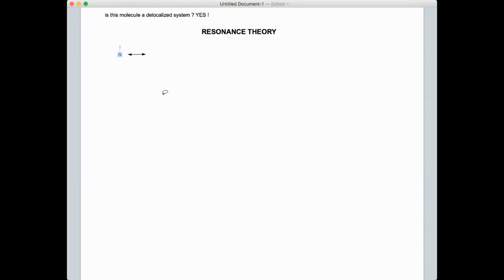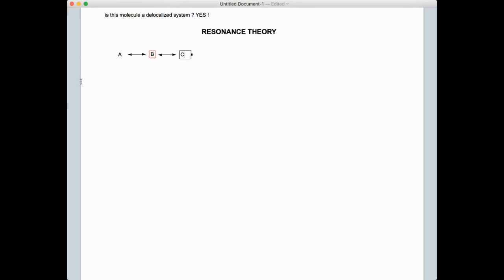So the point is, we will use more than one Lewis structure to show the real structure of that delocalized molecule or ion. That's going to be the solution: using several instead of one. It could be two, it could be three, it could be six, depending on the delocalized system. Okay, that's the solution.